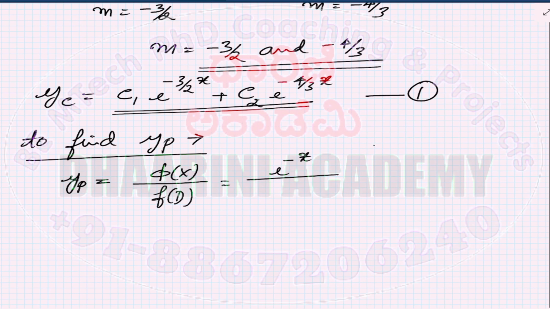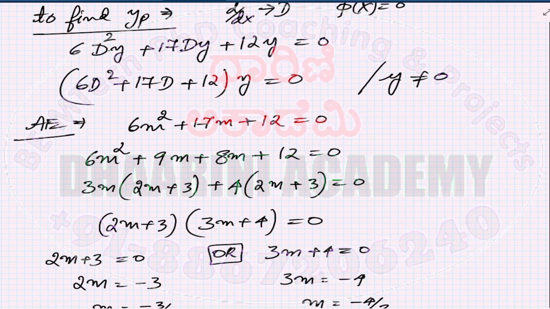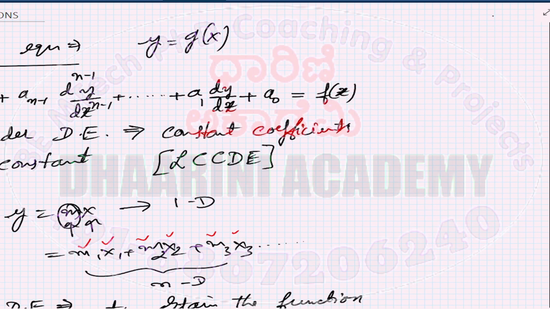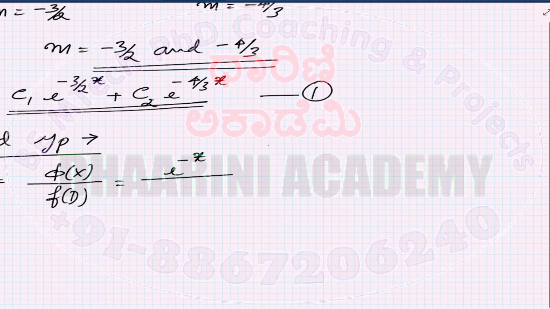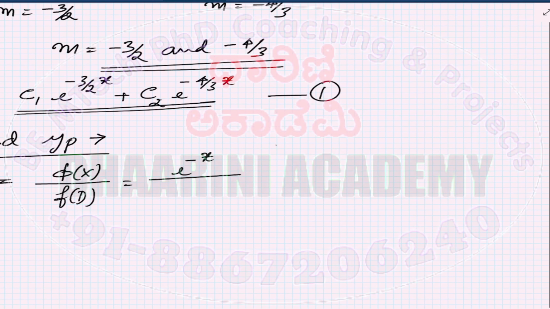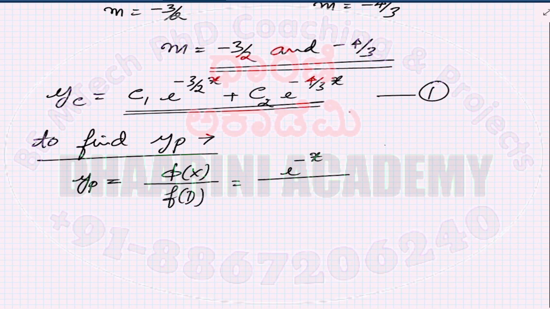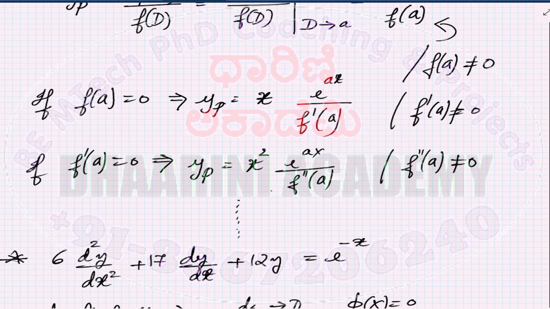F(D) is nothing but this part, 6D² plus 17D plus 12.